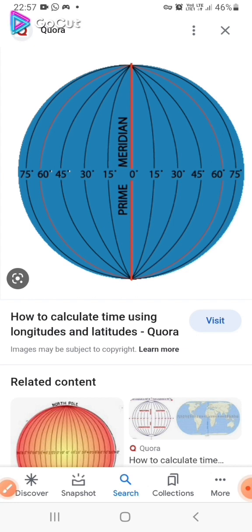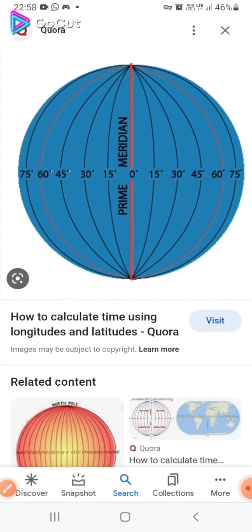So in 1 hour the sun's rays cross 15 longitudes, because if we divide 360 by 24 we get 15. So the sun crosses 15 longitudes in 1 hour.